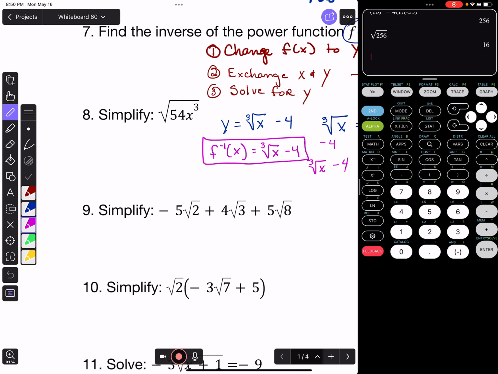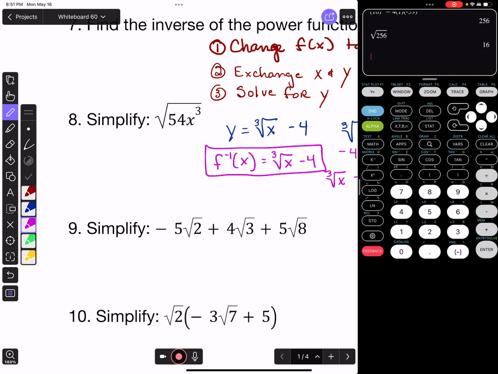Alright, now we're going to simplify a few radical expressions. These should be most fresh in our minds because that's what we've just been working on. So let's see here, we got a 54, remember this is a square root right here, so we're looking for two of a kinds. So 54, let's see here, 9 times 6, and 9's a perfect square, I like that one. And then I've got that x cubed.